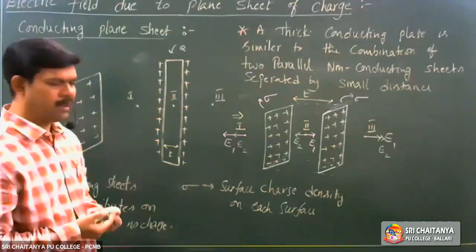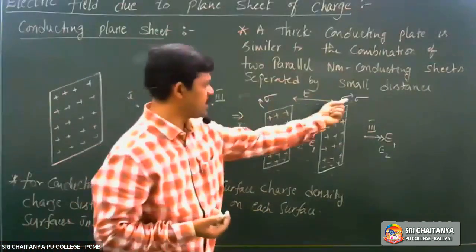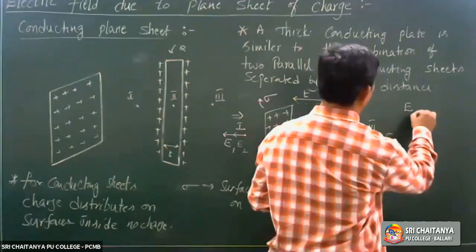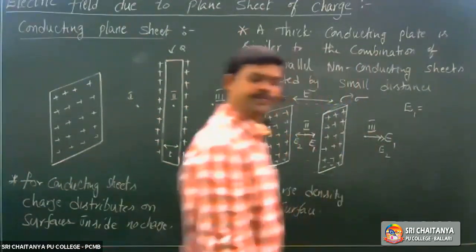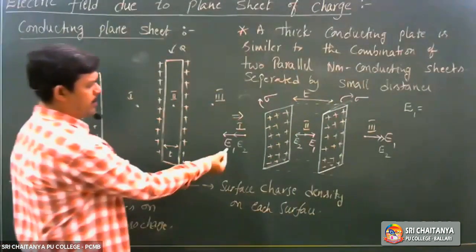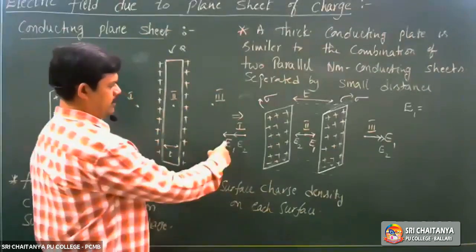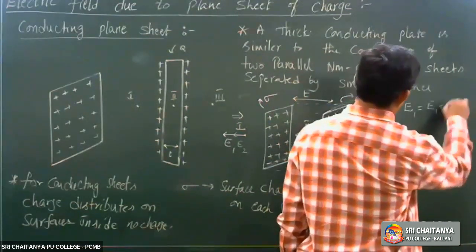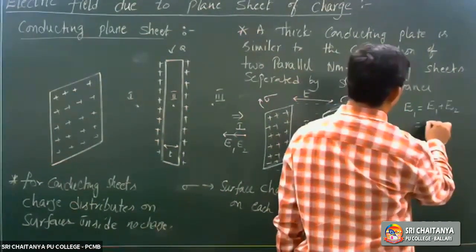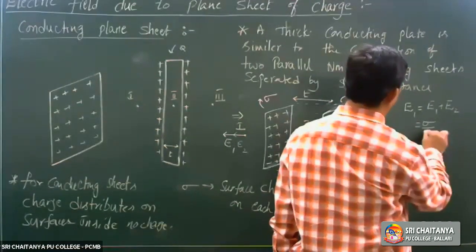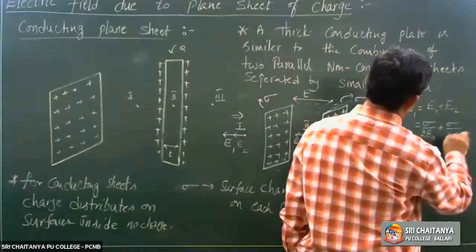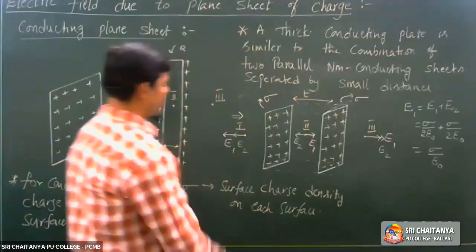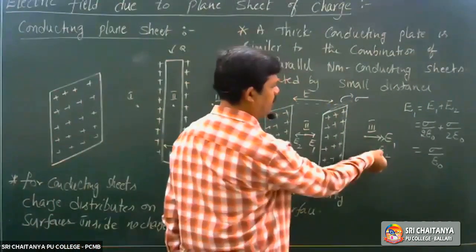See the answers you got. Whenever charge densities are the same and plates are separated by some distance, outside the net field is E1 plus E2, so sigma by 2 epsilon naught plus sigma by 2 epsilon naught, so sigma by epsilon naught. Here it is E1 plus E2, and here also it is E1 plus E2.